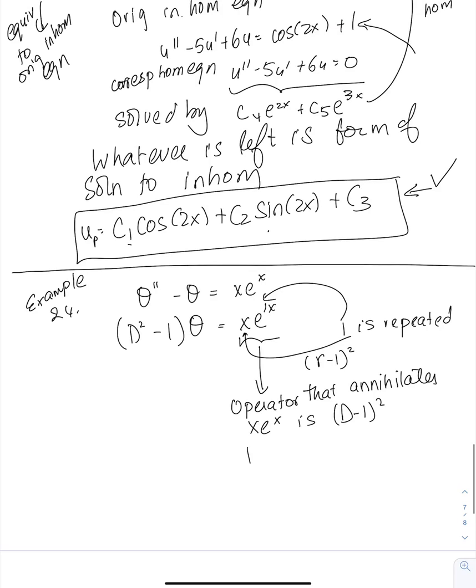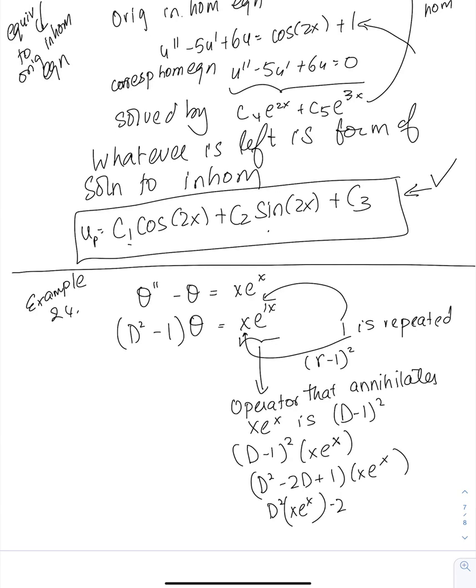And you can check: D minus 1 whole squared applied to x e to the x. What is this? It's D squared minus 2D plus 1 applied to x e to the x, or differentiating x e to the x twice, minus 2 times x e to the x, plus x e to the x. What do you get?